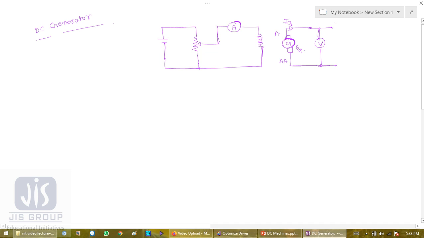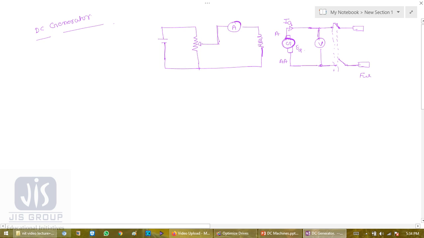So now here I will use a double pole single throw switch. This is a double pole single throw switch. A fuse is there.